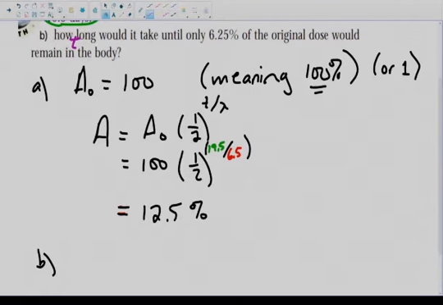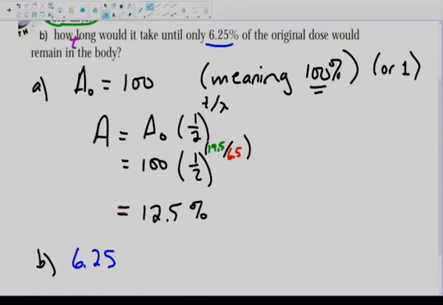So this is very similar to the question we just did on the previous slide. We just need to make sure we put all of the other numbers in the right place. So if this is our final amount, 6.25, let's highlight that in blue. 6.25 is my final amount, and it is a percentage, so I could write it as 0.0625, but it just becomes cumbersome if you do that.